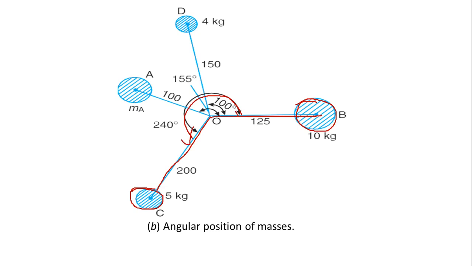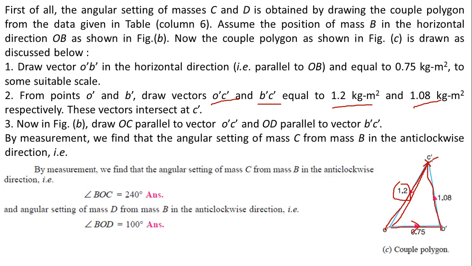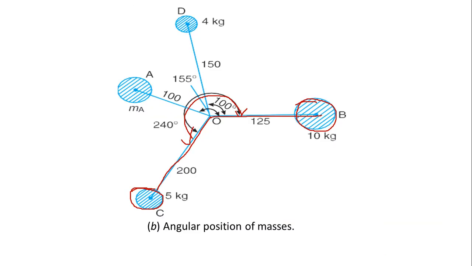This will be the angle BOC, the reference plane for the angular position for C. Then B dash C dash you draw again parallel to this, you can trace it over here and get the angular position for D.